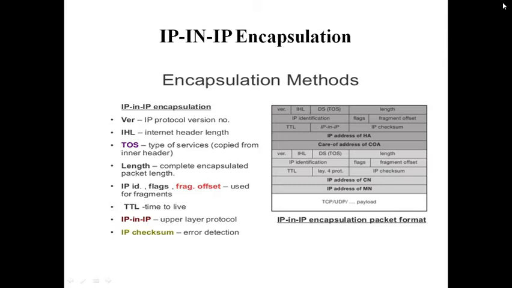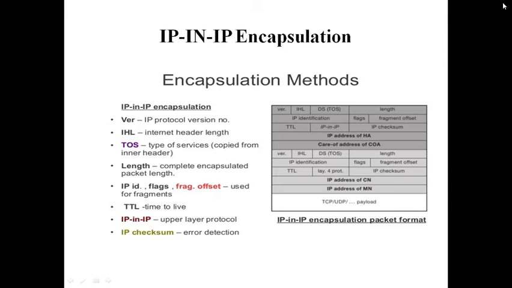These are nothing but hops. So no matter how many hops it goes through, finally to the MN it should be only one logical hop, meaning transparency, everything should be invisible for the MN. This is about IP in IP encapsulation.